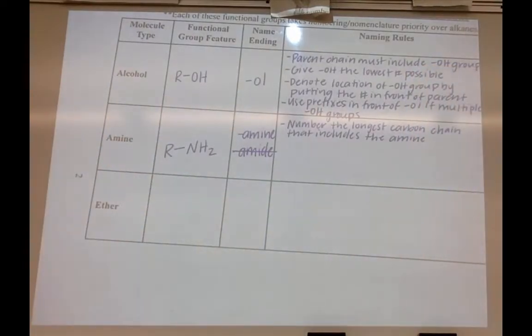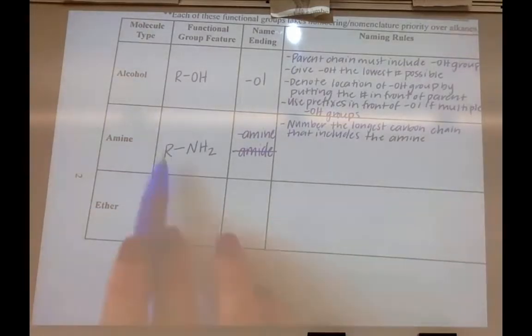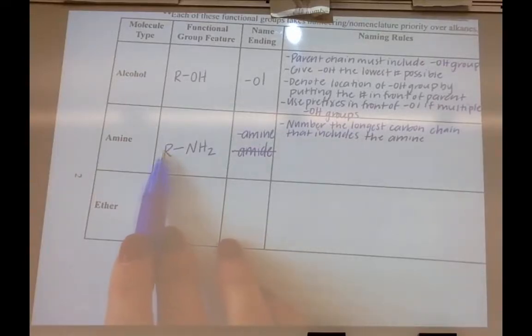We want to prioritize the nitrogen. This means that one of the carbons in the longest chain needs to be connected to the N. The N is not necessarily in the longest chain. This carbon must be within the longest chain.